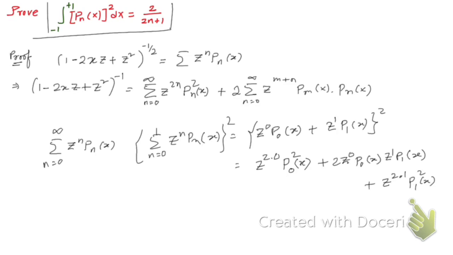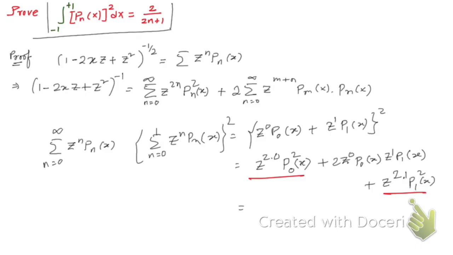Actually here we are getting z square by applying the (a plus b) whole square formula, but instead of writing z square, I have written z to the power 2 into 1, to observe the pattern.